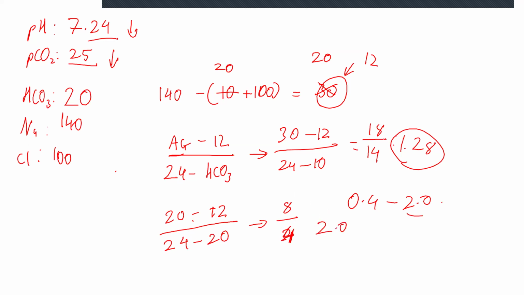Now this is basically on the edge, like on the higher end, which tells us that most likely the patient, before developing their metabolic acidosis that they presented with, they probably already had a metabolic alkalosis from before. Okay?